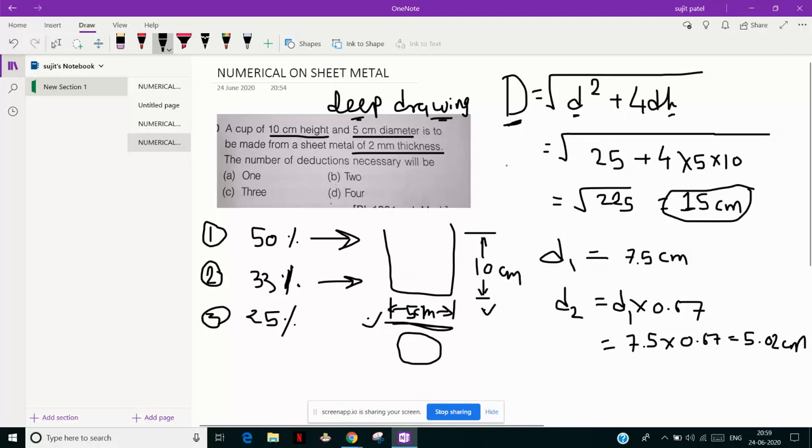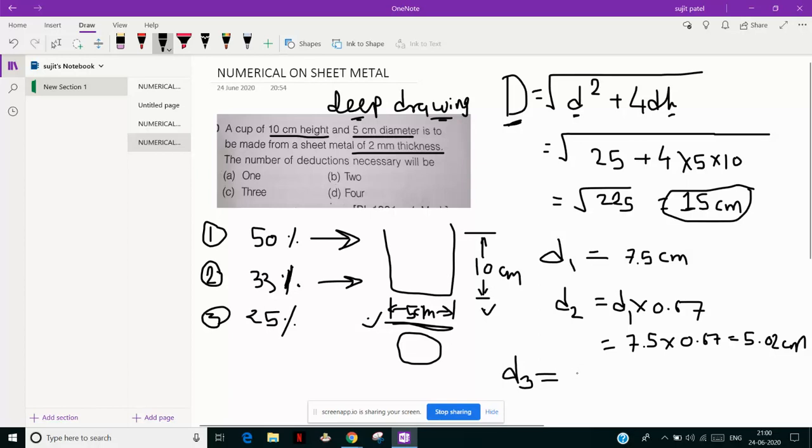So in deep drawing of this 2 mm thick sheet, there is some spring back effect also. And there might be a chance in actual deep drawing that it is greater than 5.1 also. So 5 we cannot write, so again we have to go for a third pass, but with less pressure.